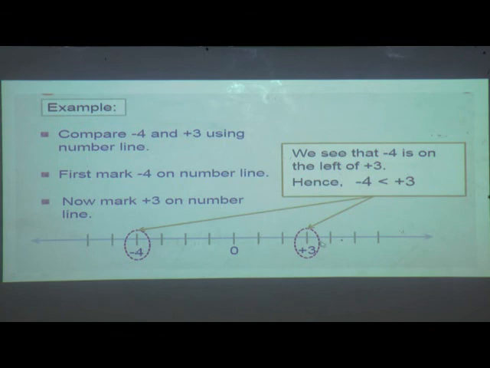Once again I will explain. Listen carefully. As we know, when we are moving towards the left side of 0, the numbers are in decreasing order.